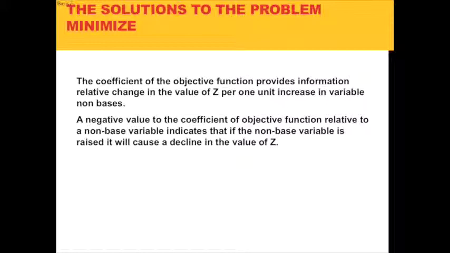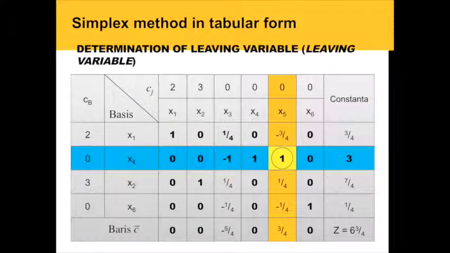So this is the problem for minimization. Just reverse it for the minimization. We will find at the first iteration the value will already be positive, all negative, and then we want to make it positive.